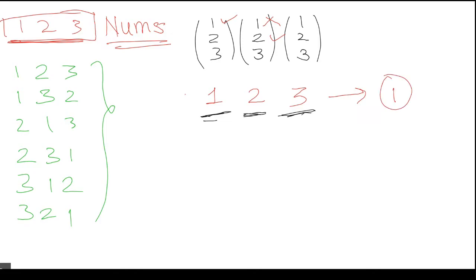Now if I go back to my second space, because in the second space I have already covered 2, now I will cover 3. Okay, then in the third space I will again start with 1. Okay, so I cannot take 1 because it is already taken, so I will take 2.